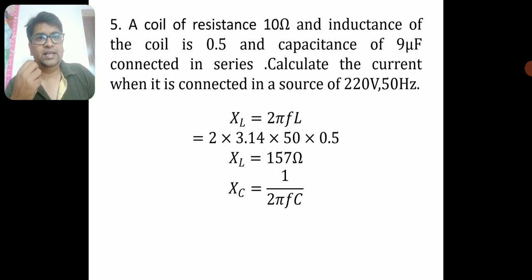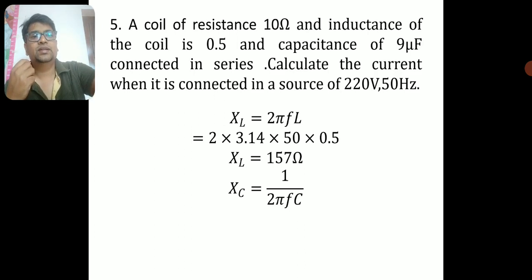Alright, XL is 2 pi FL, 2 into 3.14, F is given as 50 Hertz and L is 0.5 Henry. So easily I got XL as 157 ohm. Ohm is the unit for inductive reactance, but without fail you should mention all the quantities with unit. XC is 1 by omega C. It is 1 by 2 pi FC.